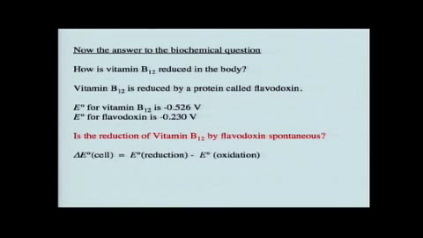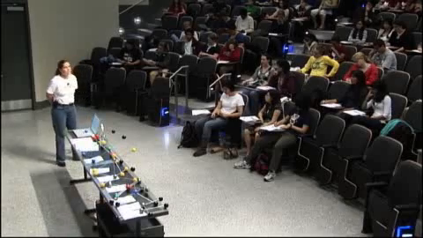We can look at it the same way you've looked at all the other systems, like batteries and electrochemical cells. You can use the same equations for a biological system as for any other system. We've seen this equation before: we've calculated changes in the standard reduction potential for a cell, the E0 for reduction minus the E0 for oxidation.